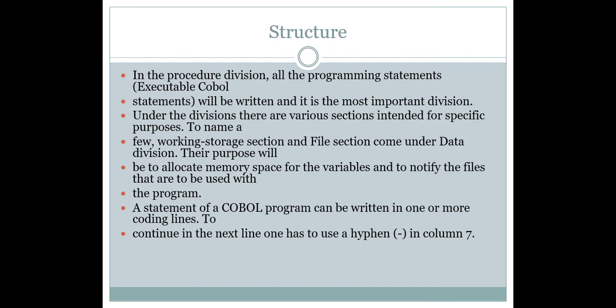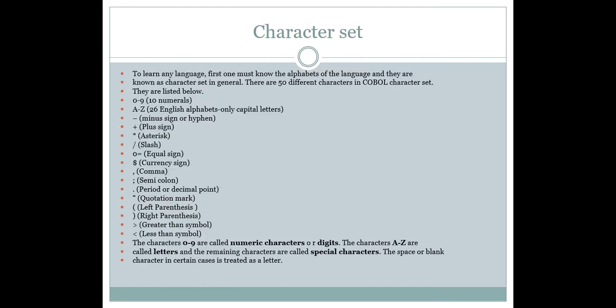If you code in more than one line and want to show the continuation of those lines, you have to use the hyphen symbol in column 7. So that is about the structure of a COBOL program.